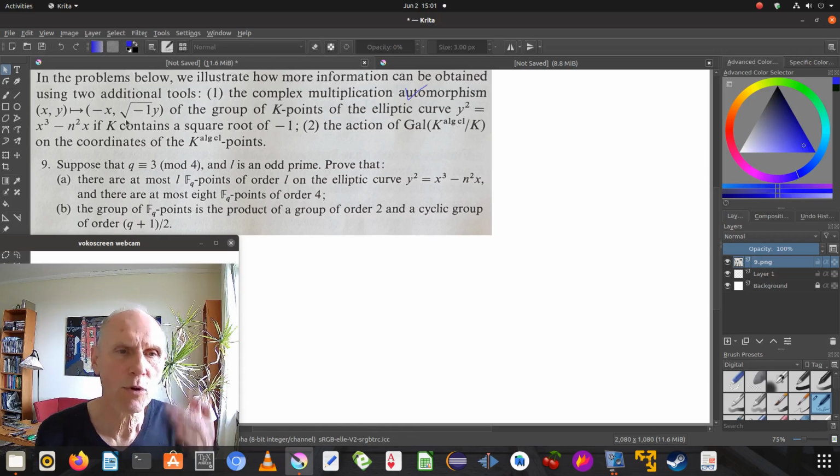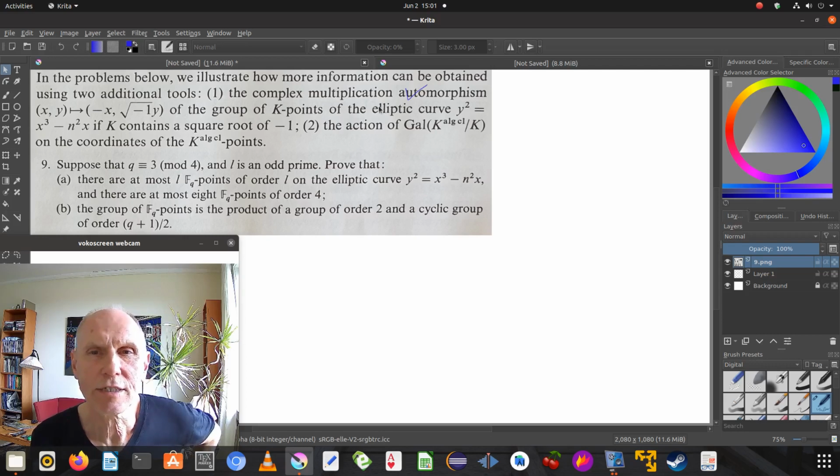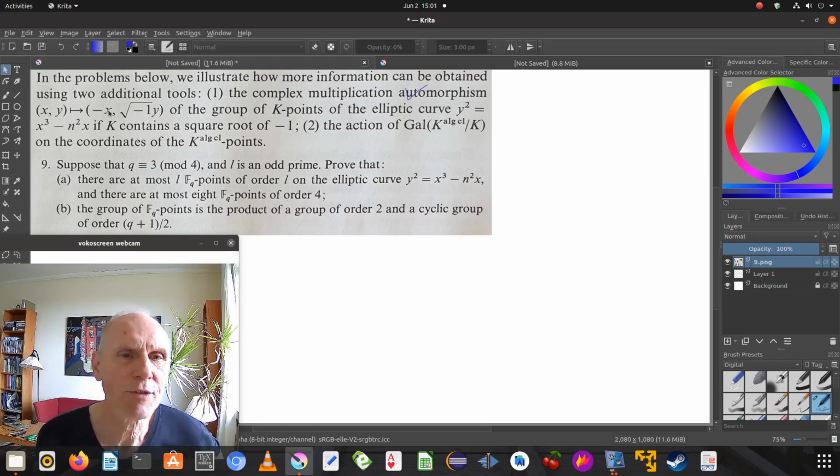So only one of these points exists. And since it's an automorphism, they must have the same order. This may come in handy here. That was the first information.